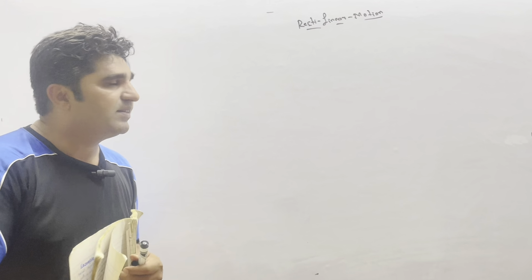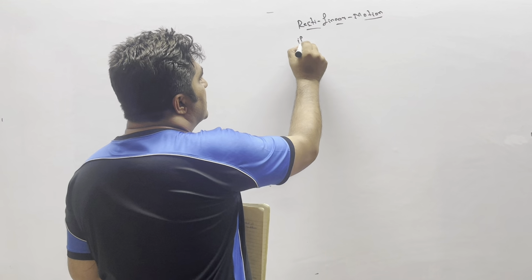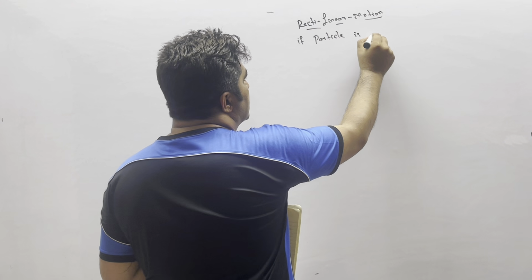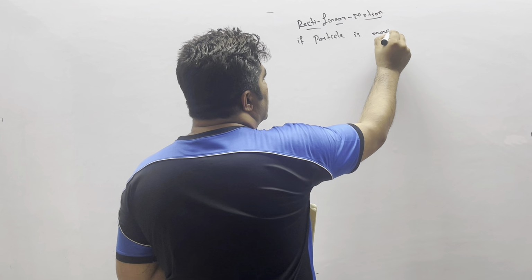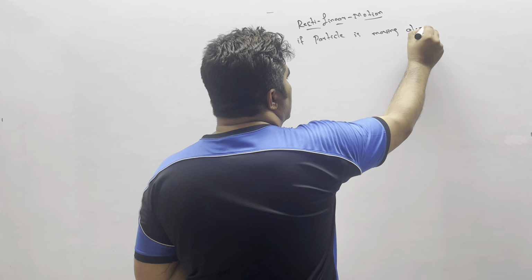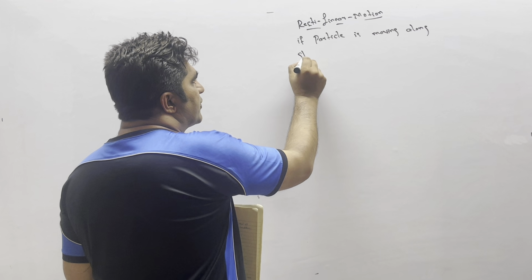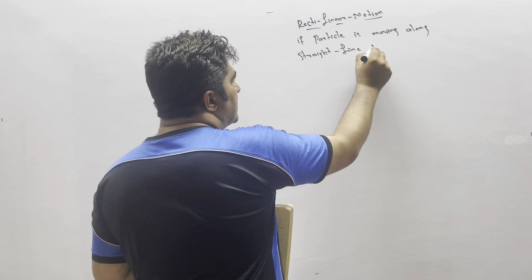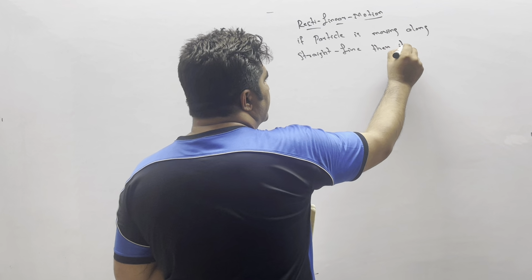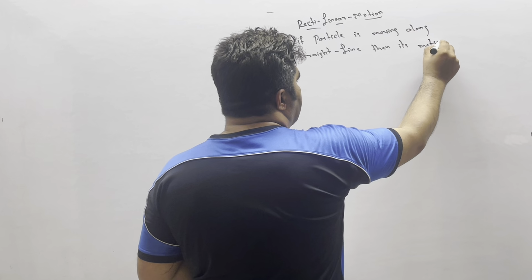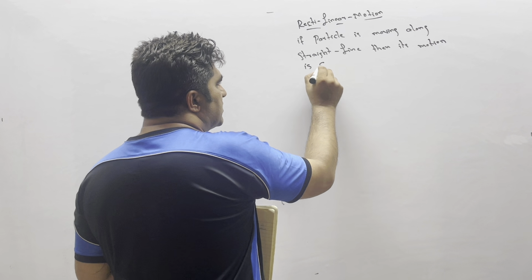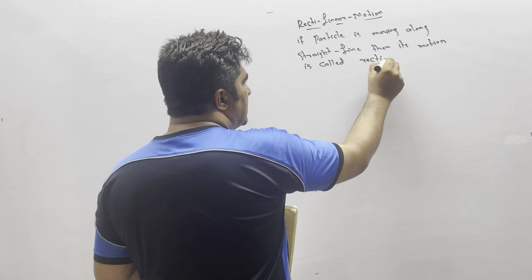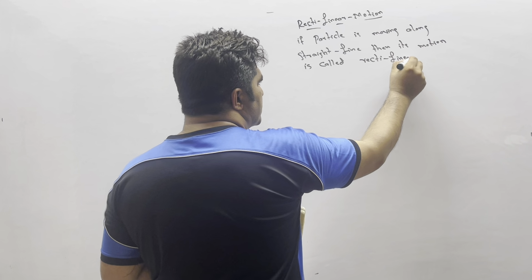Okay, let's define here. If a particle is moving along a straight line, then its motion is called rectilinear motion.